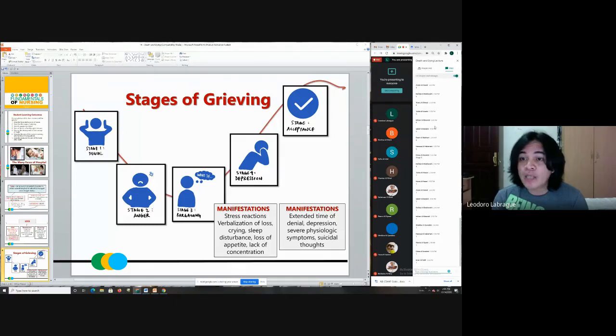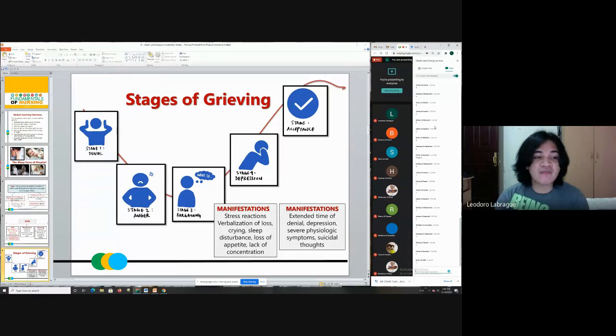Depression, why is depression not normal in the long term? Because depression might lead to suicide. Have you seen on television those patients who are diagnosed with advanced stage disease or cancer? They commit suicide. And that is what we want to prevent. Severe physiologic symptoms and eventually suicidal thoughts.